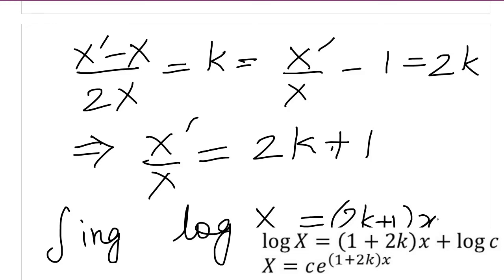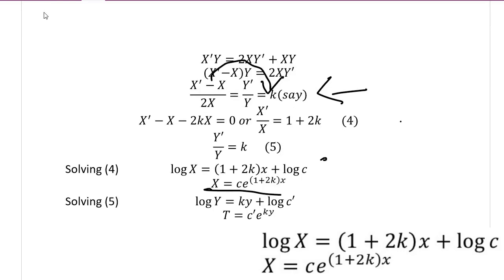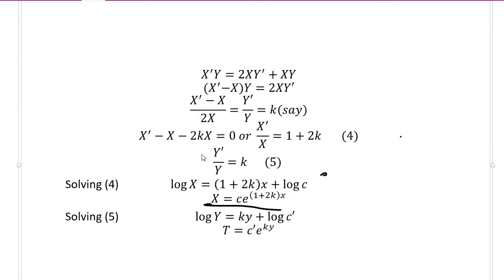Similarly, we will be considering the second equation also. Now considering the second part, we will take Y'/Y = k. So let's see what happens. Y'/Y = k.